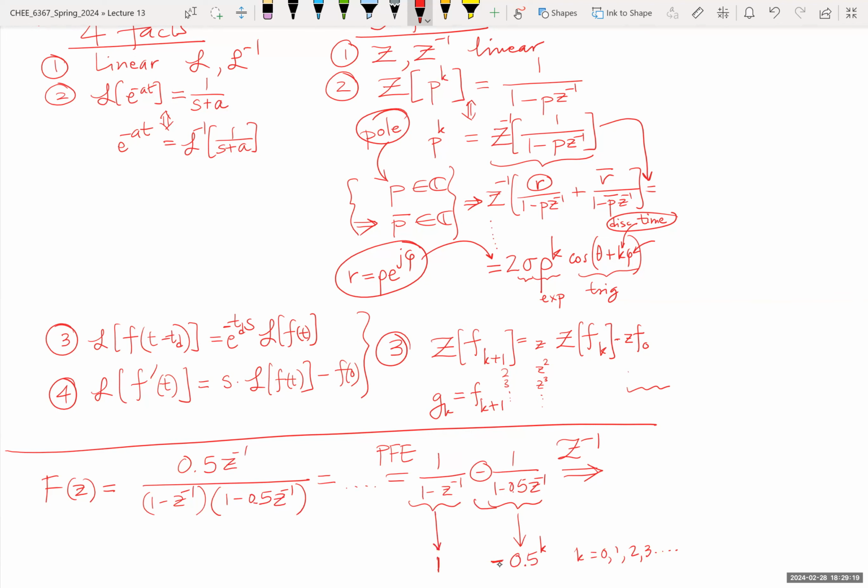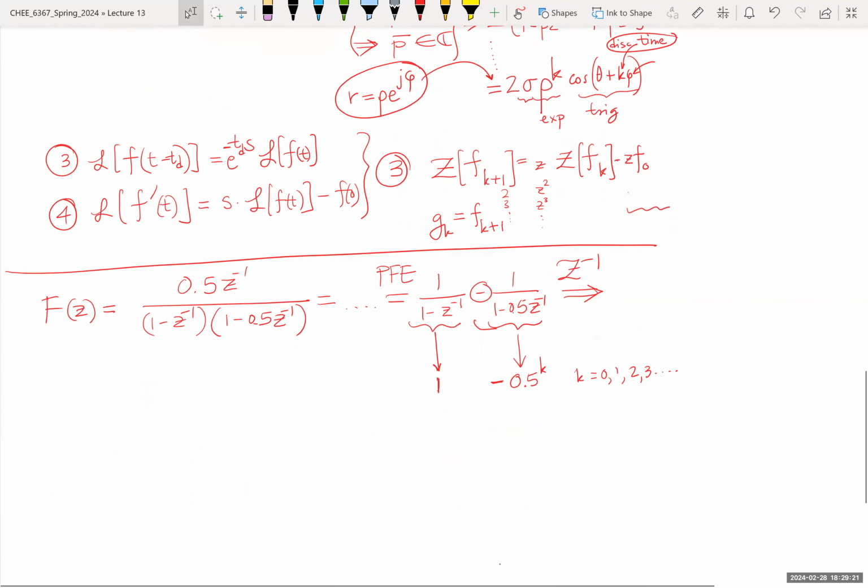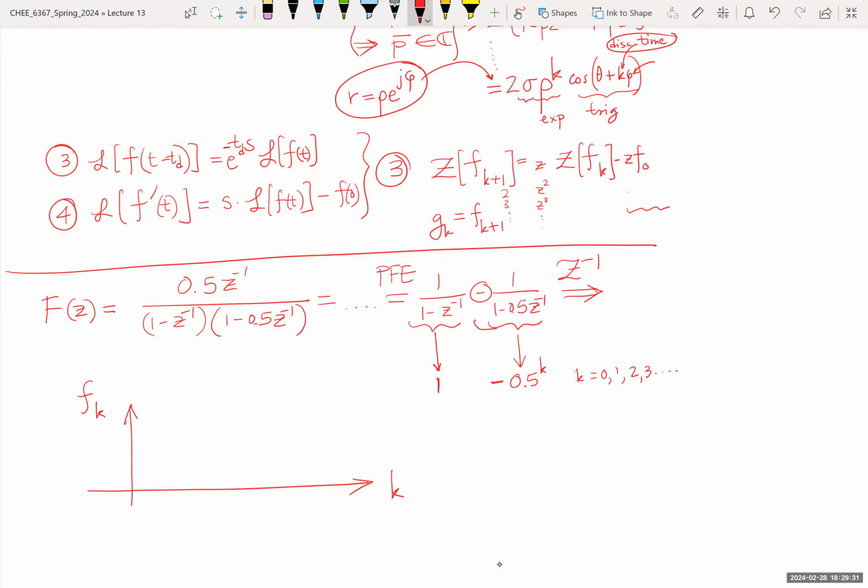And now that I have this, I can plot it actually. I can plot this thing. So if I have k, and this is f sub k, the sequence that I just created, let's plot it. So for k equals 0, what is f sub k? 0, and then k equal to 1.